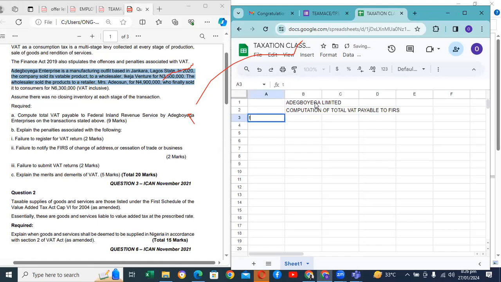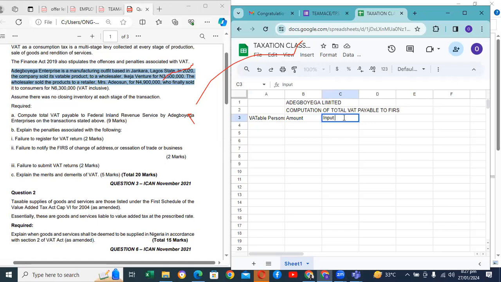Now let's do this table: VAT-able persons, then the amount.